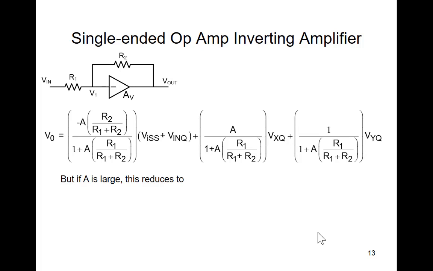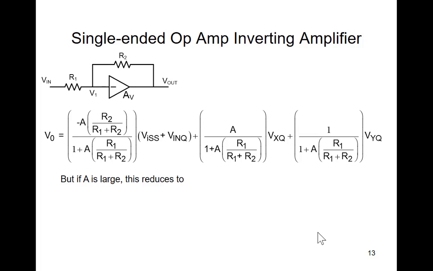Now, if A is large, then this becomes large compared to 1, so I can neglect the 1. The A's will cancel, and the R1 plus R2's will cancel. So I'm left with minus R2 over R1 here, times Vin small signal plus Vin Q. If the A's are large here, the A's cancel, and this is 1 plus R2 over R1 times Vxq.